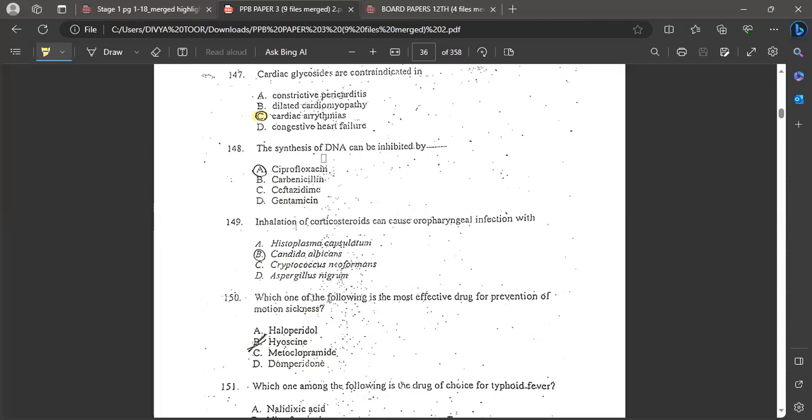Sawa, sindio basi, cause hata mimi ndio nimetoka tu kuona Medscape. Yeah, it's the same, constrictive pericarditis. Yeah, okay. So that's our answer.